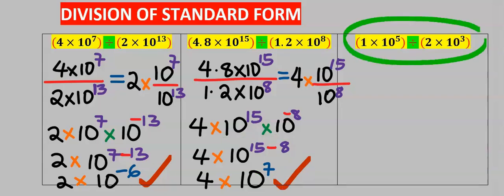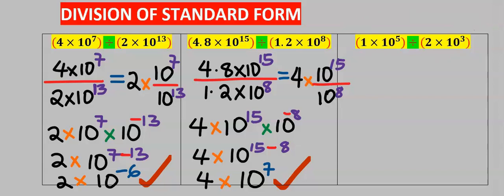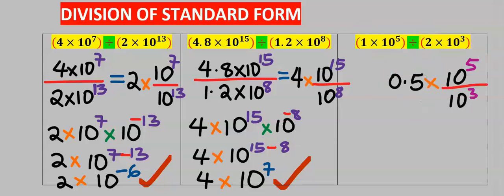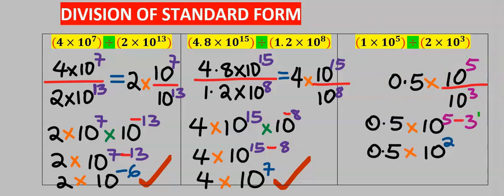Next, let's consider this division. In the first step, 1 we divide 2, and you will get 0.5. Next, we're going to apply the law of indices. From the law of indices, we're going to have 10 to the power of 2. Next, 0.5 is less than 1.